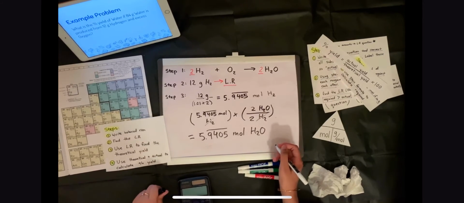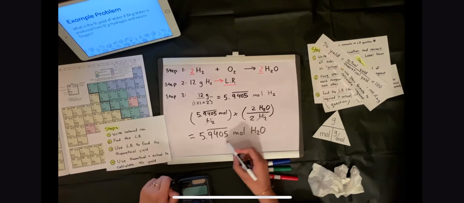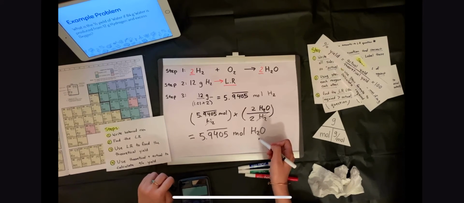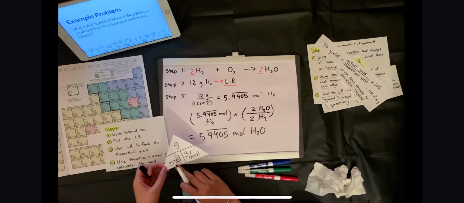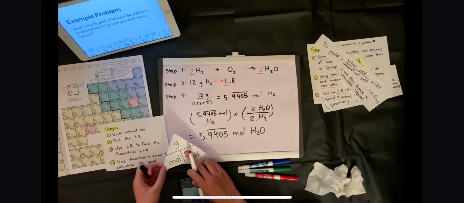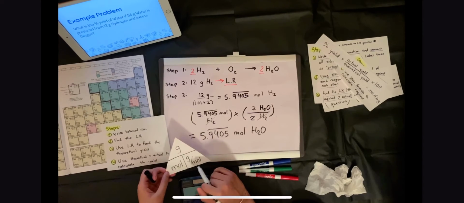Now the next part is we have to convert this back to grams. So to do that, use a triangle. Moles to grams, covered, you have to multiply by grams per mole.